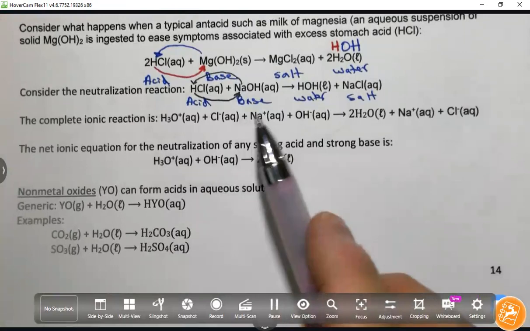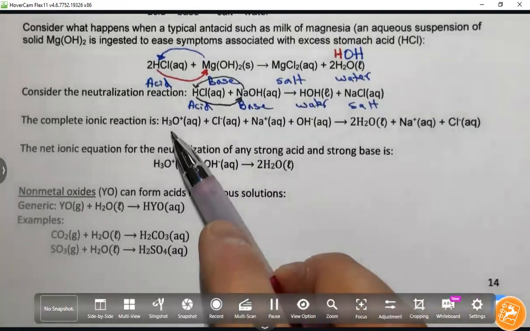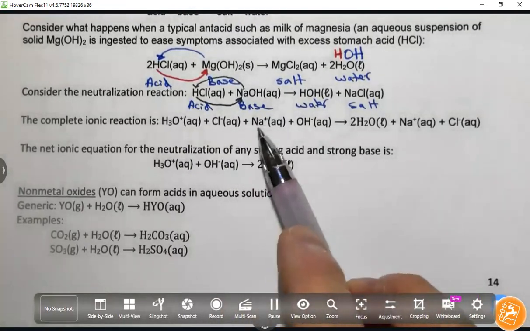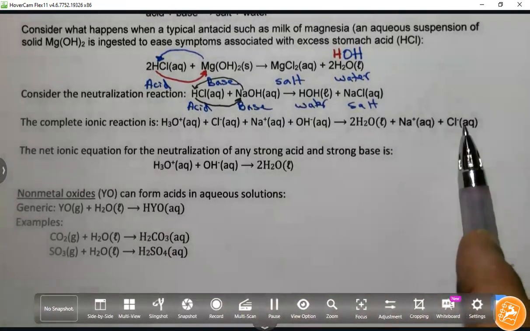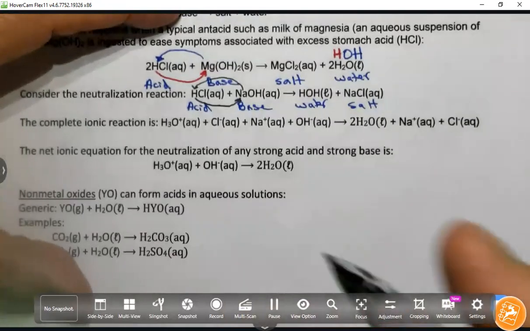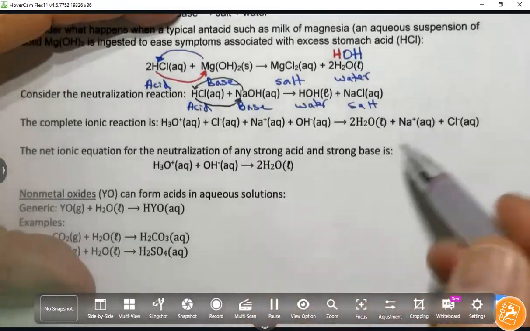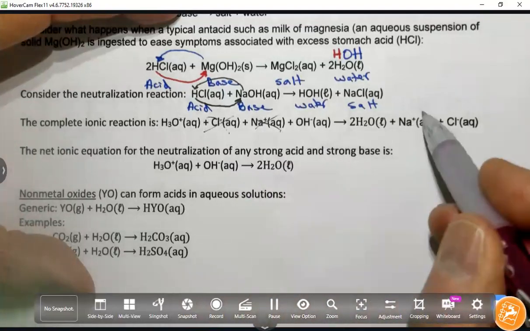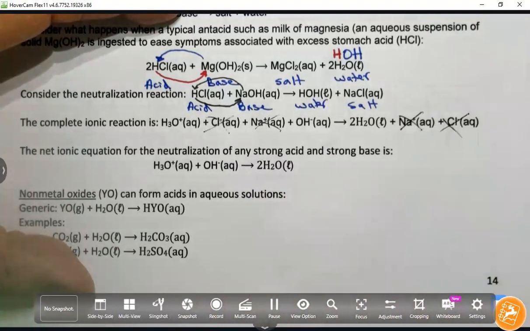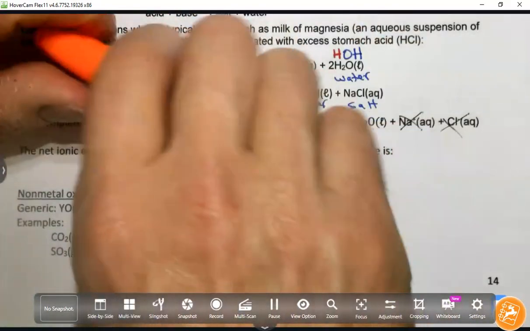Now, if we wrote this out, the complete ionic looks like this. And if we crossed out our spectator ions, notice this is what we get.